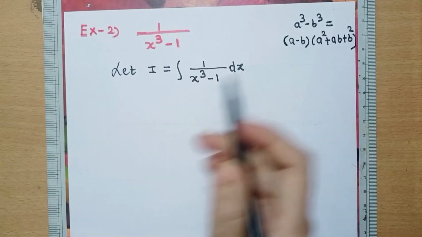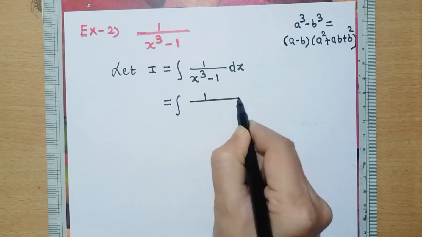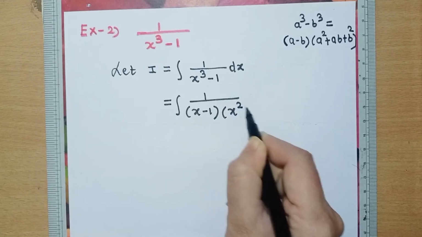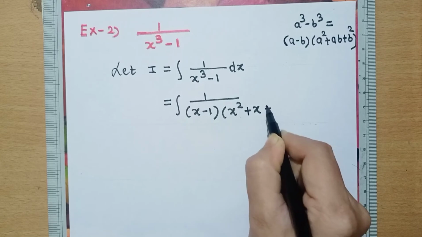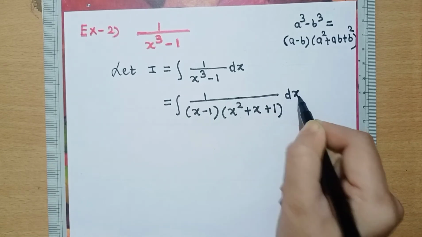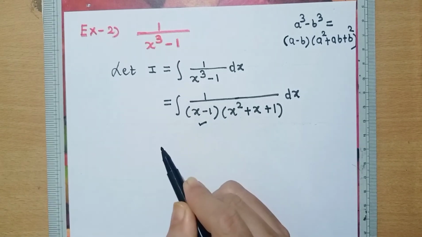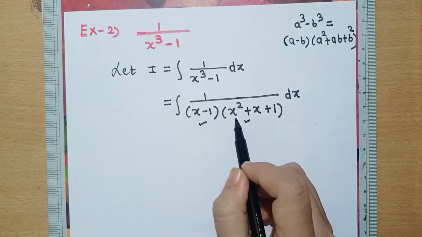So by using this formula we will write its factors as 1 upon (x minus 1)(x square plus x plus 1) dx. Now check the denominator. Here this is a linear factor and this is a quadratic factor, so this is of third type.